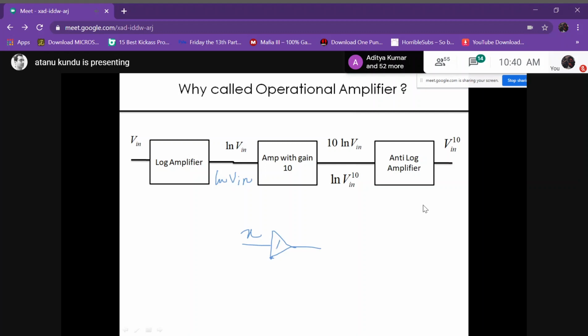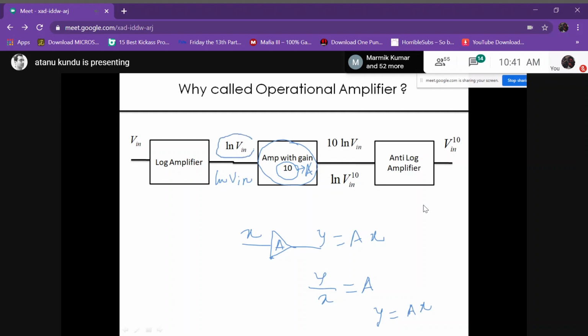So this is V in. We are taking the normal log, so we get ln V in. For any amplifier, if the gain is A, the input is X and the output is Y, then Y by X, output by input, equals the gain, or Y equals A into X, right? Here we have an amplifier with gain 10, so A equals 10.